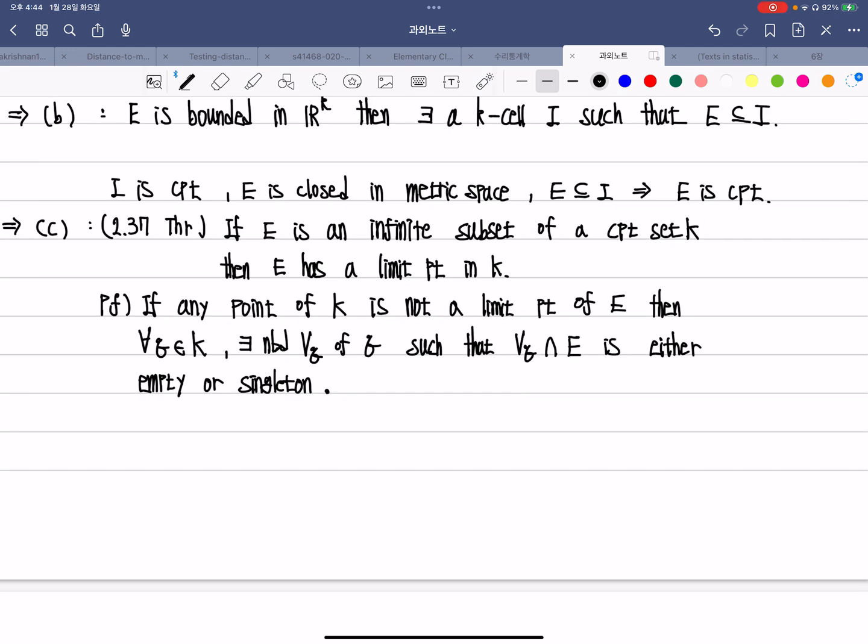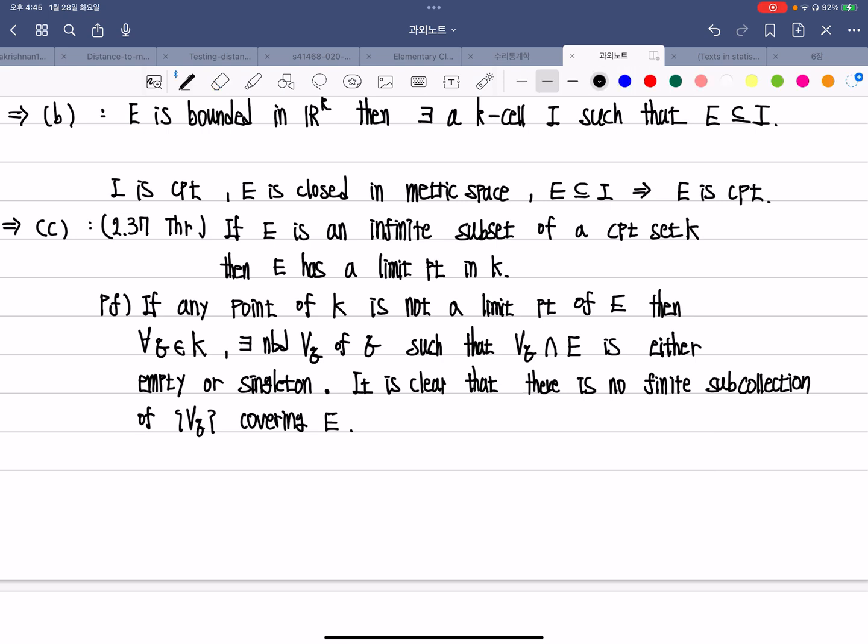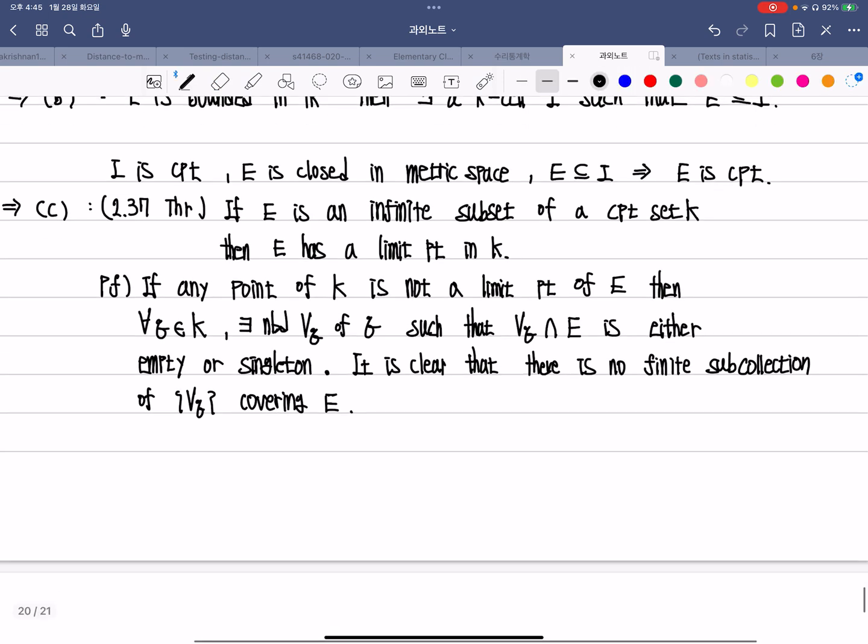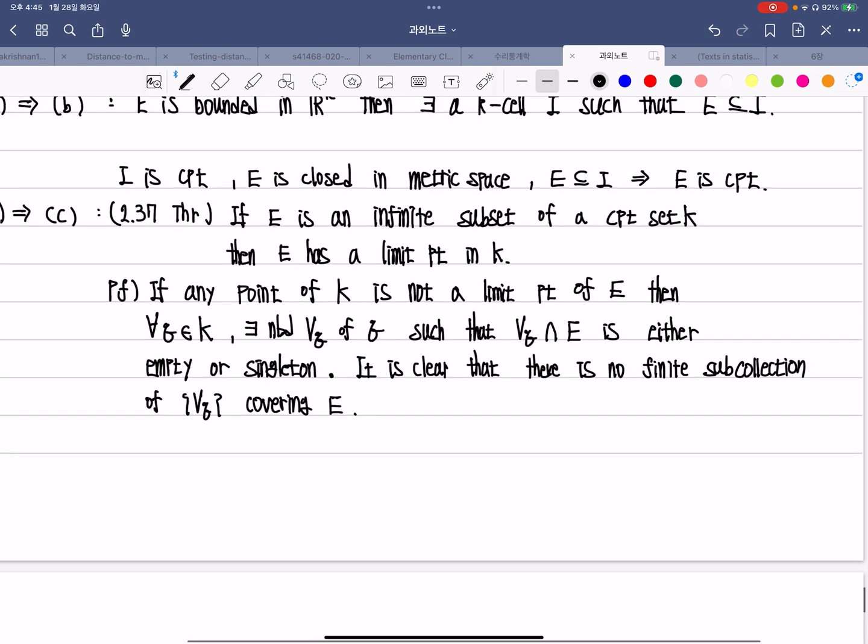So it is clear that there is no finite subcollection of V_q covering E, right?